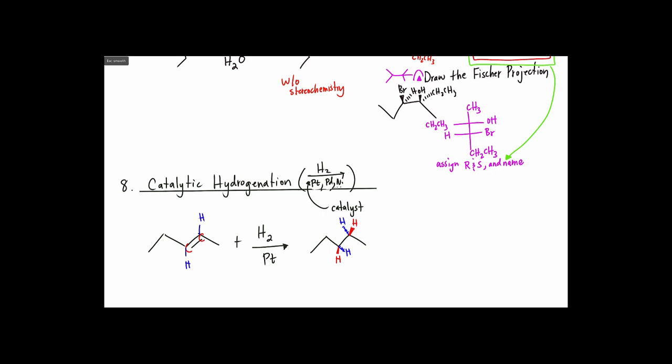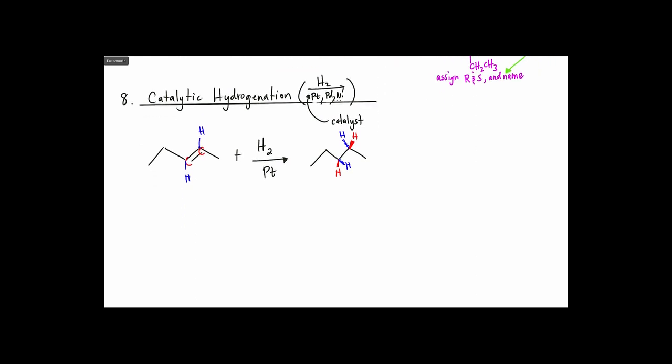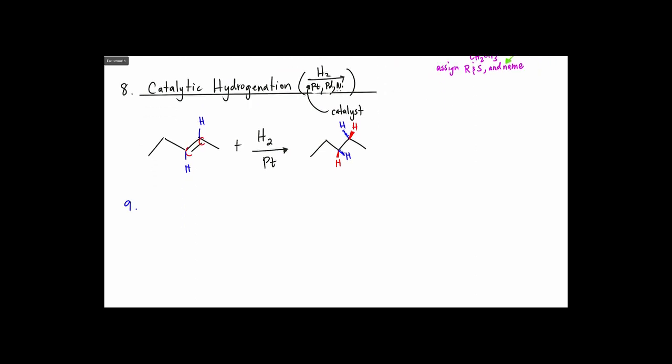Now, number 9, we have epoxidation of an alkene. Okay. Epoxidation of an alkene. So what do you think is going to happen?